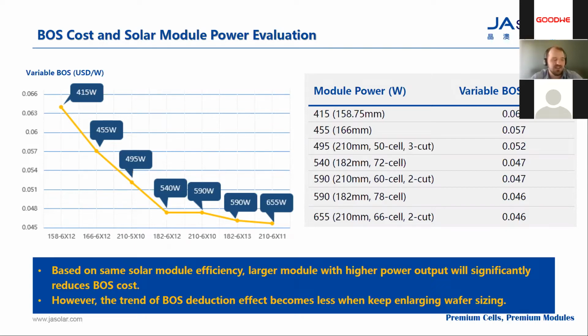Now, if you take that into consideration for the 590 watt, 182 millimeter 78 cell, it drops to about 0.046 US cents per watt. In reality, if you're considering a 10 meg plant or a 5 meg plant, it adds up very quickly on balance of system in terms of cost reduction.